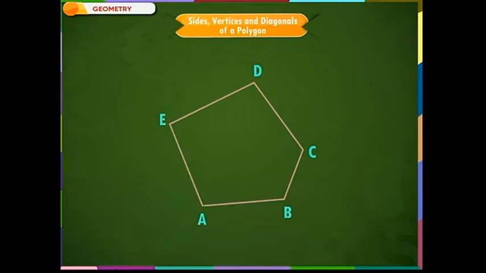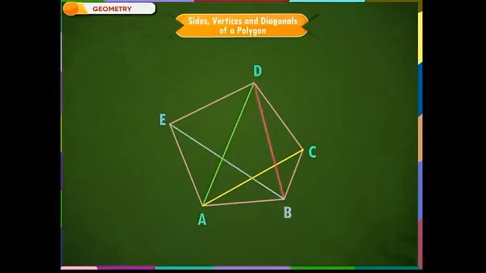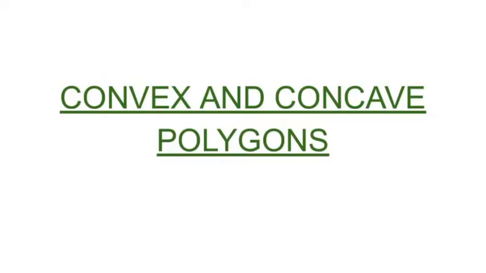The pairs of adjacent vertices are A and B, B and C, C and D, D and E, E and A. The joins of pairs of vertices which are not adjacent are called the diagonals of the polygon. The diagonals of this polygon are AC, AD, DB, BE and EC.